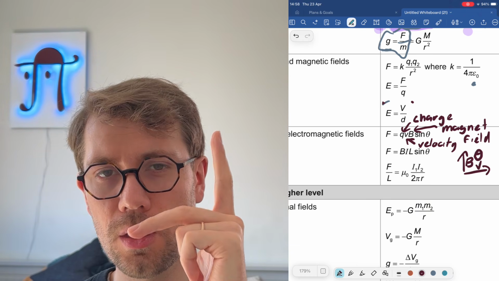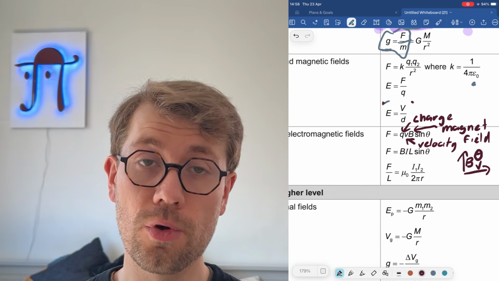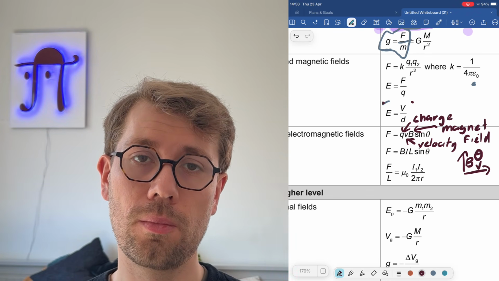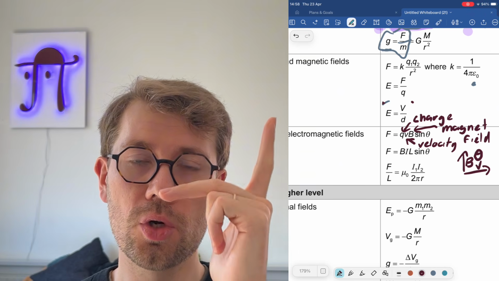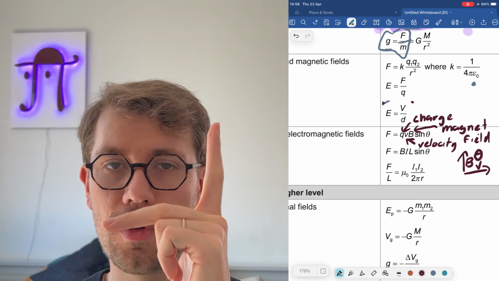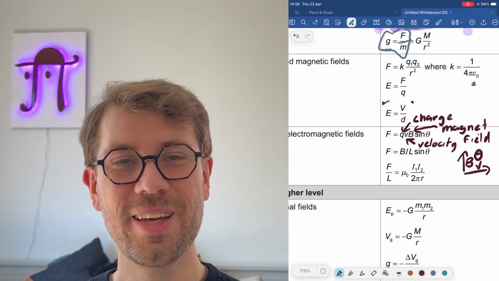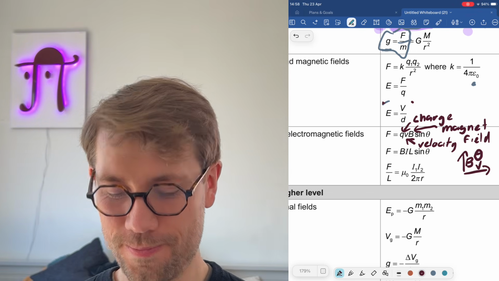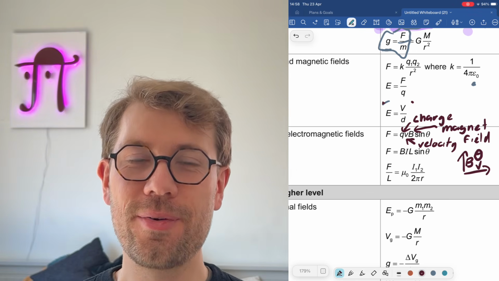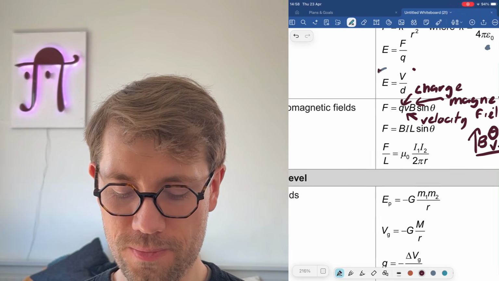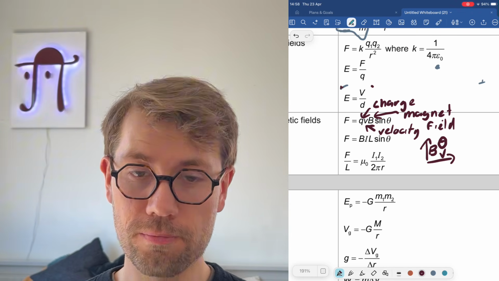So if you see a charged particle moving through a magnetic field, and that charged particle is an electron, then you want to point your current finger in the opposite direction of the velocity of the electron. Isn't physics easy? I'm kidding. I wish it wasn't like this. I wish we just changed things. We could have, but we didn't.